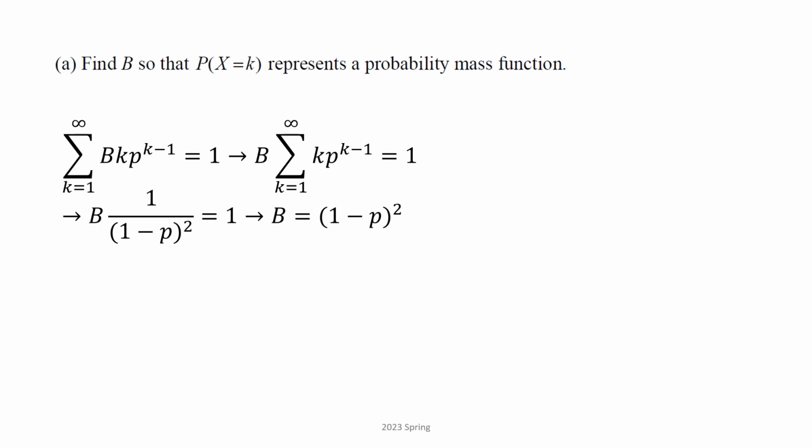And this infinite sum equals 1 over (1 minus p) squared. So b equals (1 minus p) squared.